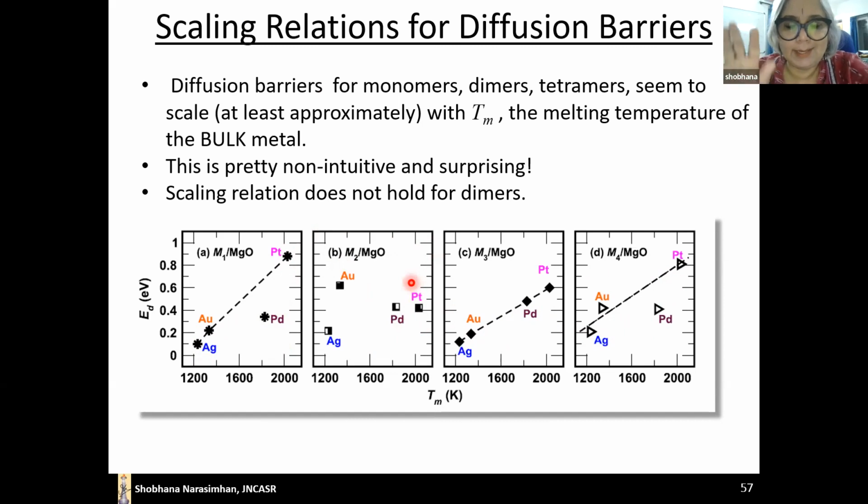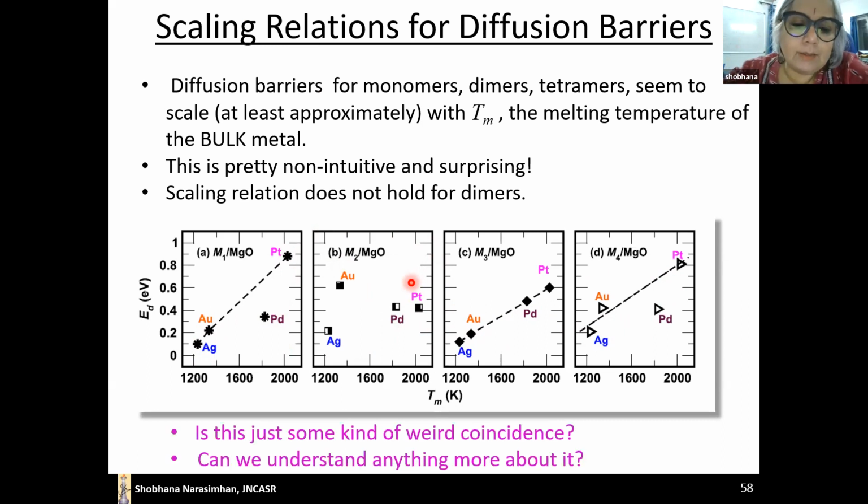Okay, so let's remember that it didn't work for the dimers, but it worked for the others. And so the diffusion barrier seems to scale with the bulk melting temperature. And this is pretty surprising. It's kind of non-intuitive, at least initially.